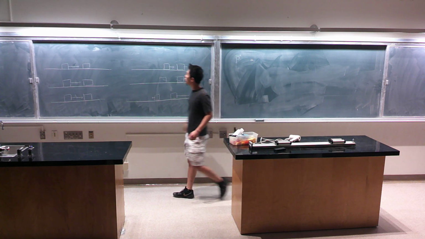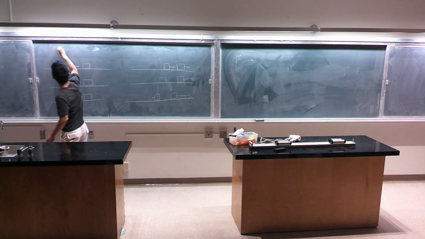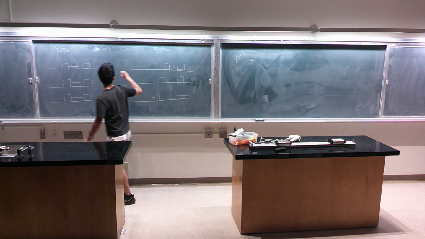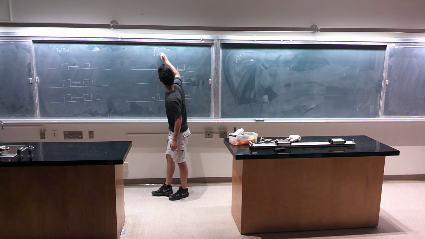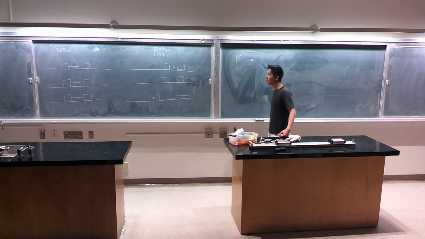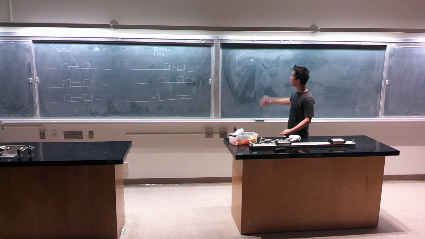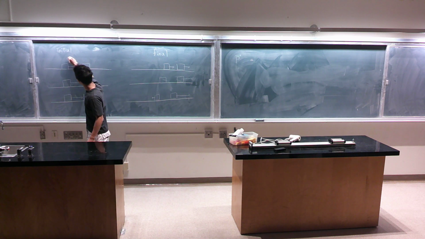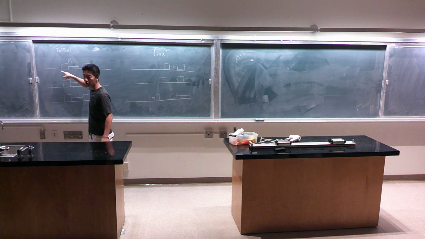So here is our initial state. This is our final state. And we can do the same thing just like energy. For momentum, the total momentum is the momentum of the first block.